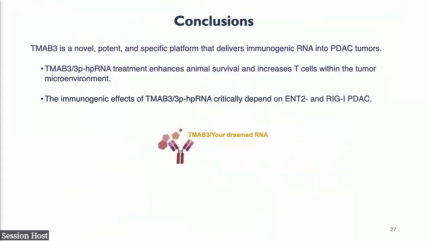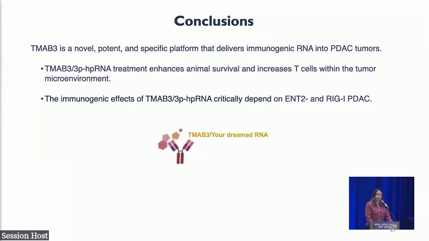So I hope that today you see TMAB as a novel, potent, and specific tool to deliver therapeutic RNAs. And in our case, when we pair it with this short hairpin, it enhances animal survival and increases the activation of CD8 T cells, modifying the tumor microenvironment and therefore increasing animal survival.